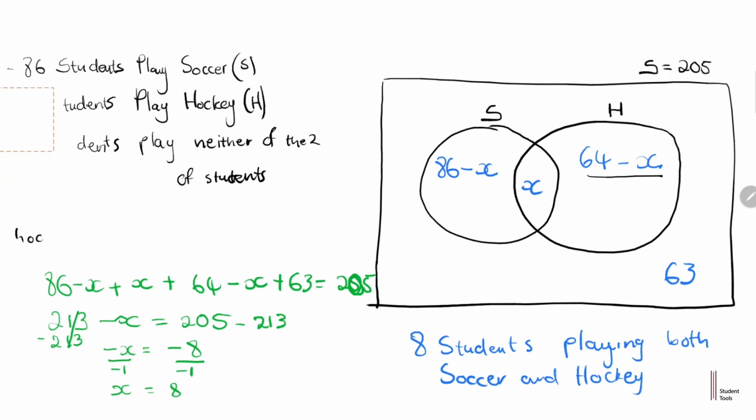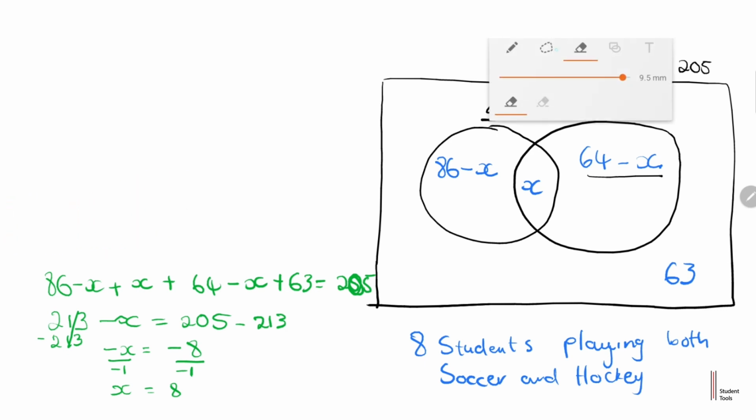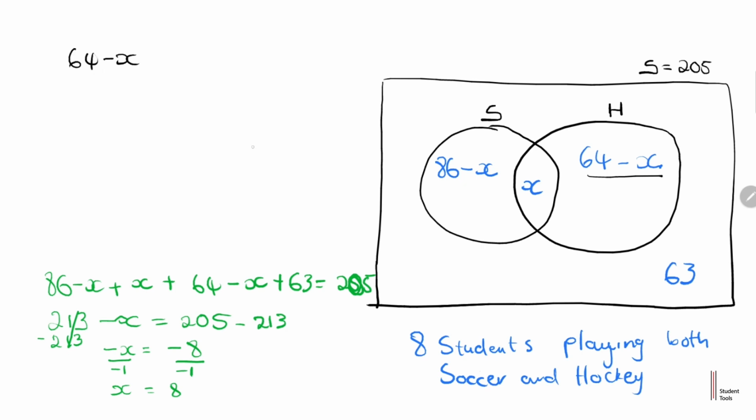We'll remove this. So for hockey only, we have 64 minus x. On the previous question, we got that x is equal to 8. So that means for hockey only, we have 64 minus 8, which is equal to 56.